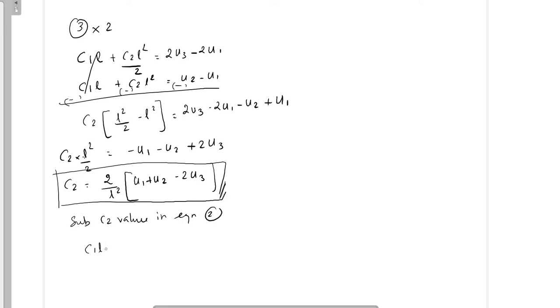So C1L is equal to u2 minus u1 minus C2L square. So u2 minus u1 minus C2, which is 2 by L square, into u1 plus u2 minus 2u3, into L square.